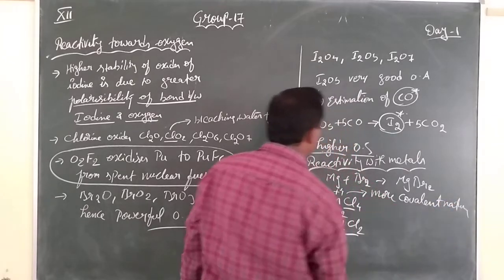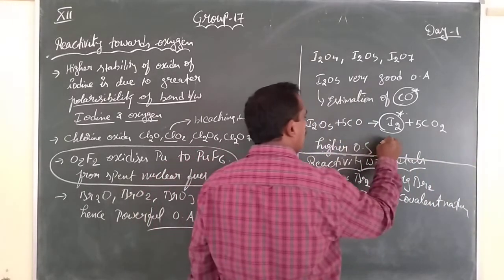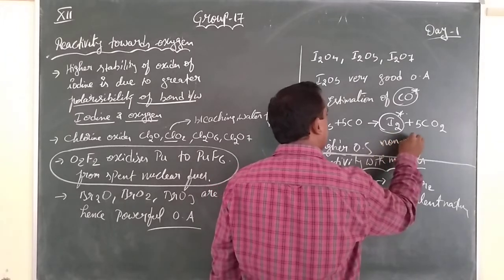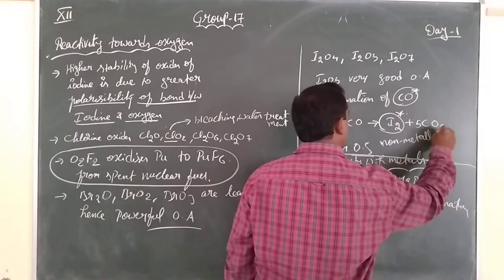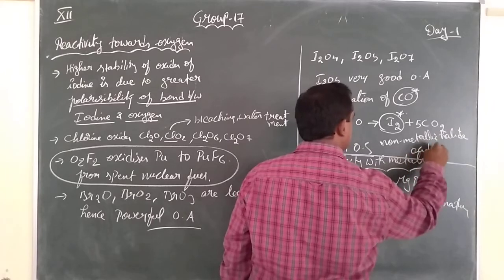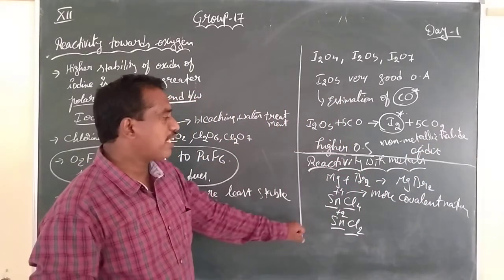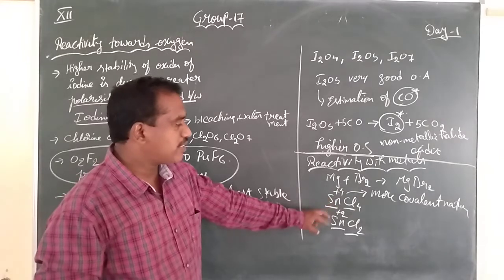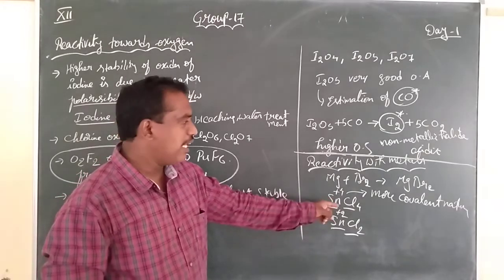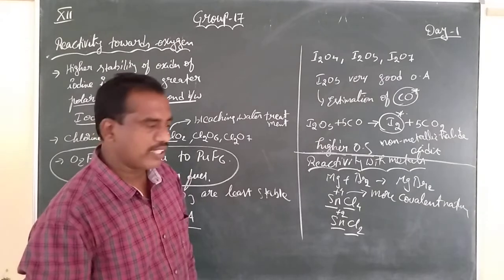Previously we saw that a higher oxidation state non-metallic halide will be acidic in nature. Here, when a metal is present in two different oxidation states, the metal in the higher oxidation state will have more covalent nature.